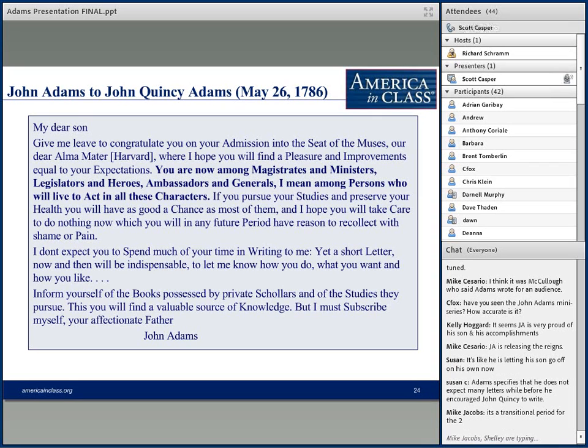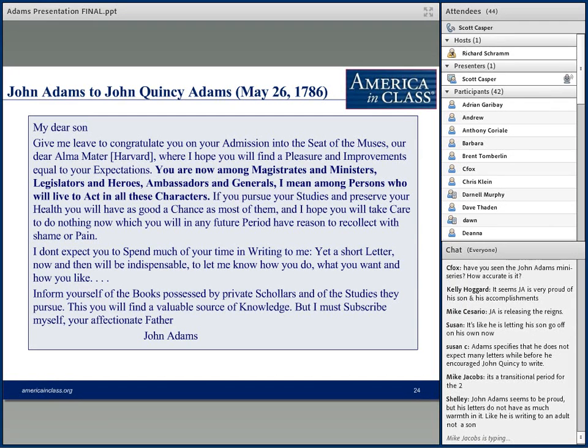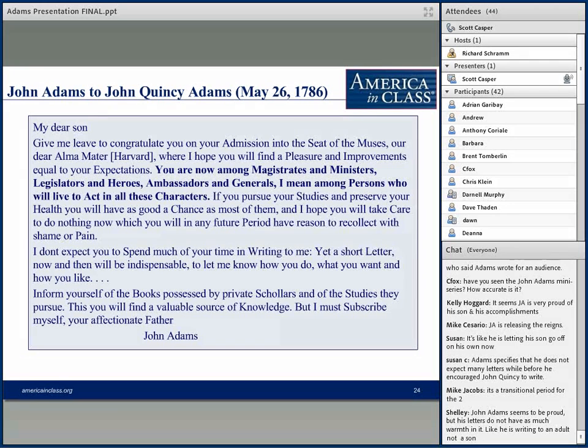I think that he also knows, John Adams also knows, that John Quincy is now in a different place with a different sort of relationships with his own peers. So John Quincy is among a lot of other people who are 18 and 19 years old who are being educated for the professions and for public life.